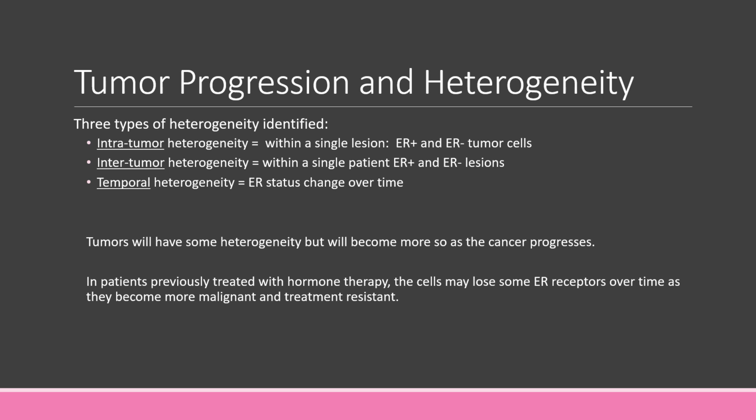There are studies that have shown that temporal heterogeneity, where tumors that were previously hormone receptor positive now become triple negative, and that loss of hormone receptor status is significantly associated to risk of death because it becomes more treatment resistant and it has less response to treatment.